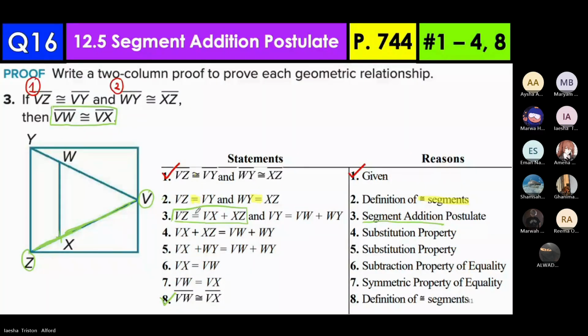The VZ. What else did we delete? VY. Why can we delete it? Because of line number 2. VZ, we delete it, replace it with this. VY, we delete it, replace it with this. When we delete and replace, the name is substitution.